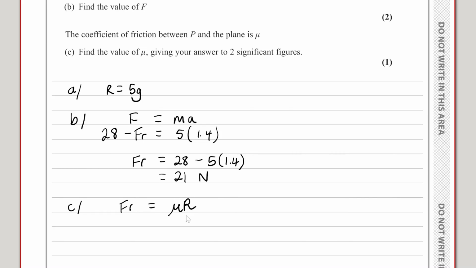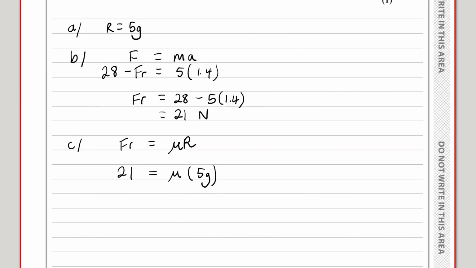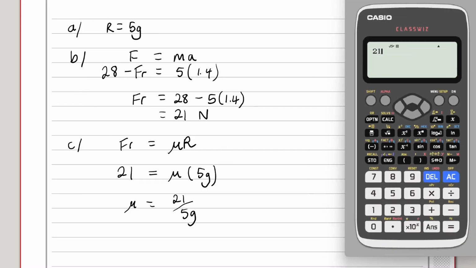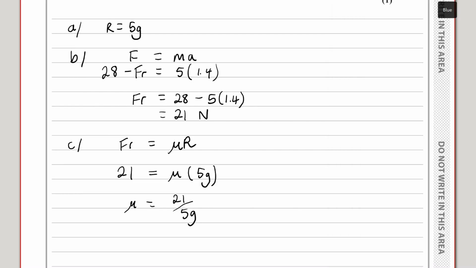So it's mu times R, so 21 equals mu times 5g. So mu is 21 over 5g, over 5 times 9.8, which is 0.43.